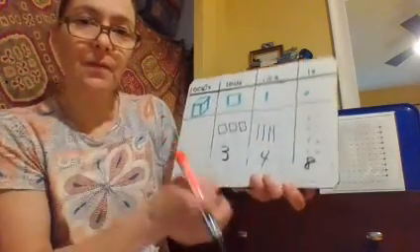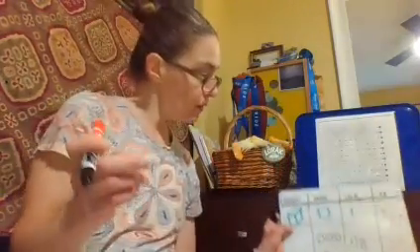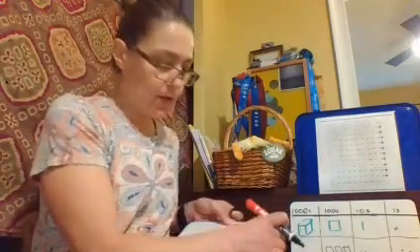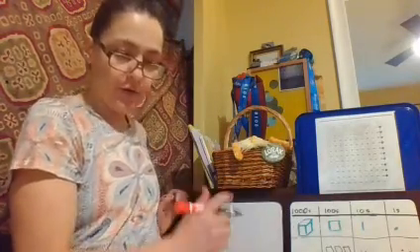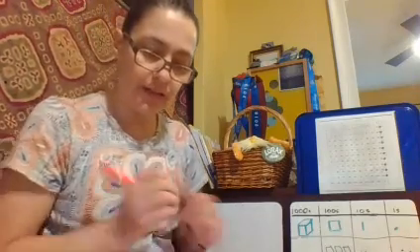Okay. So let's go on now to page 387. And they're asking you during the independent practice to circle the correct values for the underlined digit in each number. So you're going to be circling more than one, so don't just stop at the first one, because it says circle the correct values.